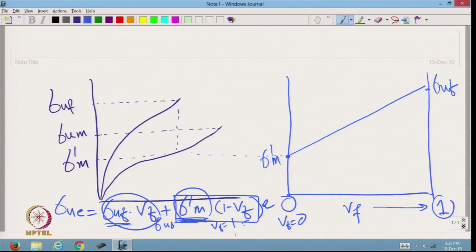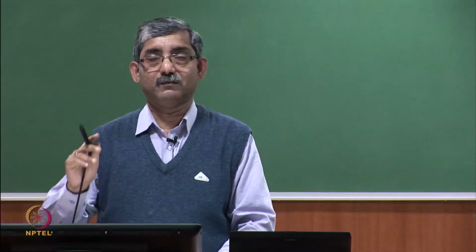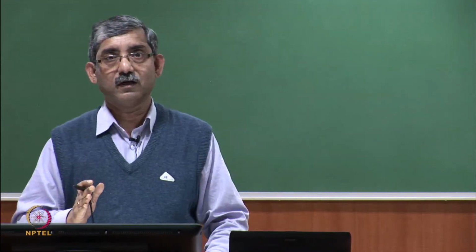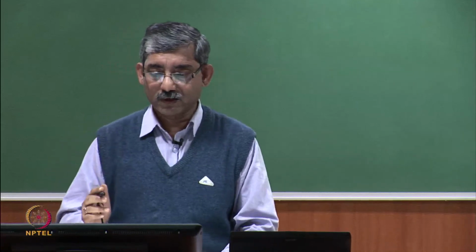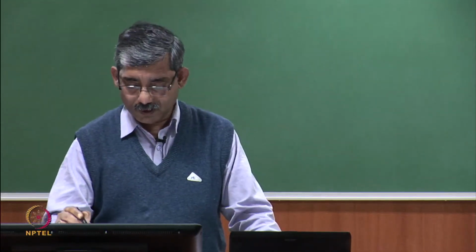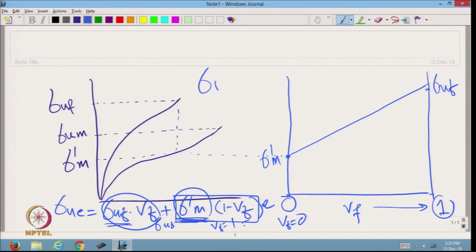But in case when the reinforcing materials have been broken, in that case the ultimate stress of composite will be equal to ultimate stress of matrix multiplied by volume fraction of matrix, that is 1 minus V f.